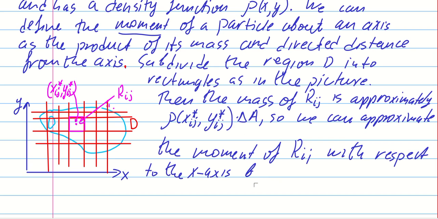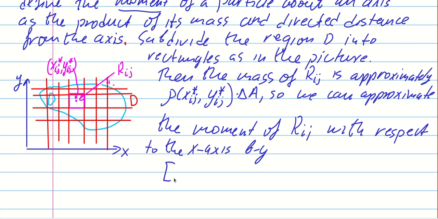So we take mass, we multiply by the distance, right? So that means we have rho of x sub i j star, y sub i j star times delta A, which is an approximation of the mass, times the distance. And the distance from the x-axis to the point will be y sub i j star.